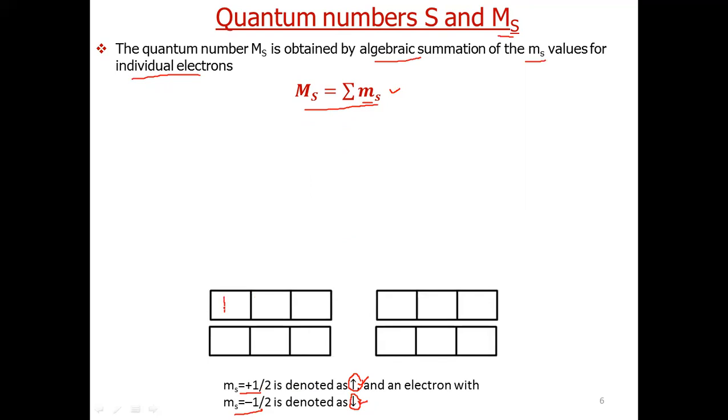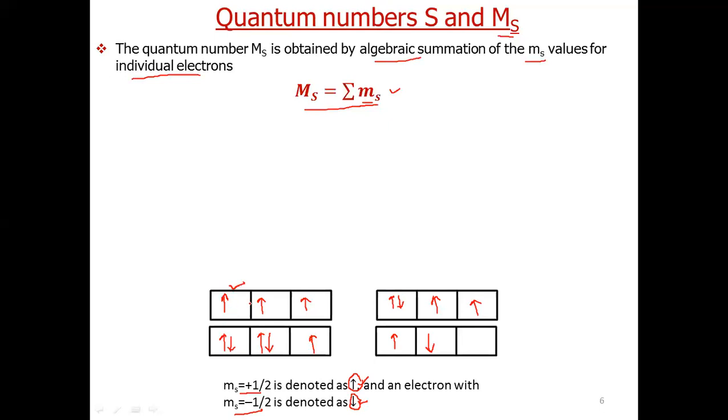Now, suppose we have this arrangement. Let us try to calculate MS for this system.